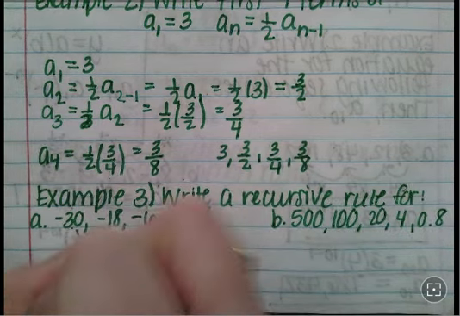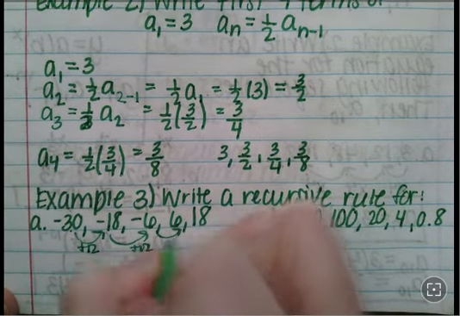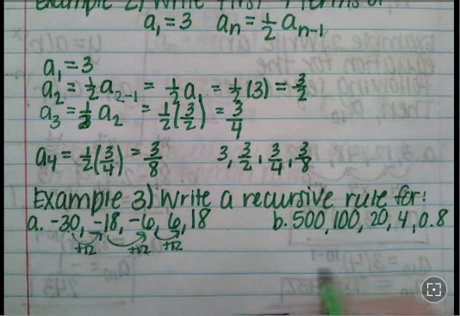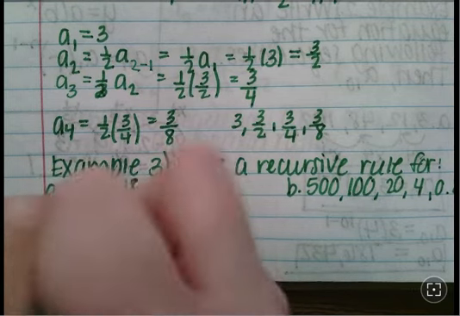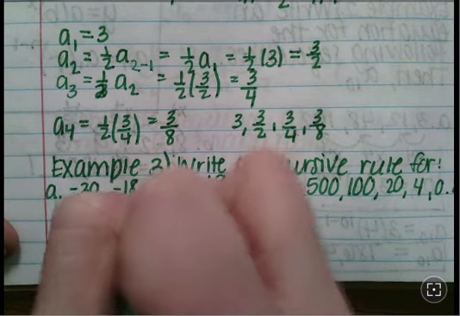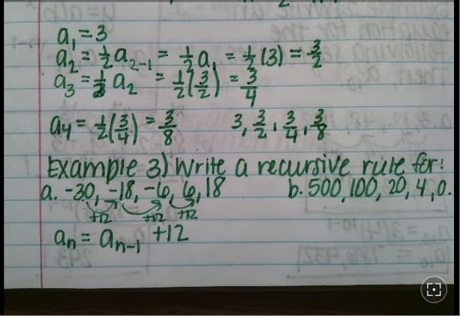Okay, so I'm hoping that you see that you add 12 each time. You add 12, you add 12, okay? So this is arithmetic. So that means that we're going to have a sub n equals a sub n minus 1 plus 12. That's literally it, you guys. You take what you have before, you add 12.